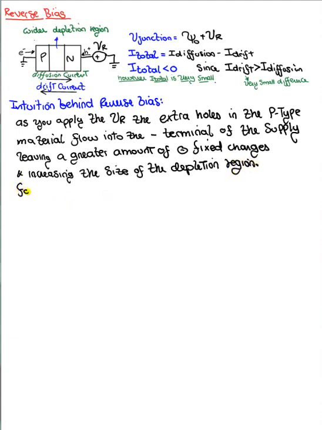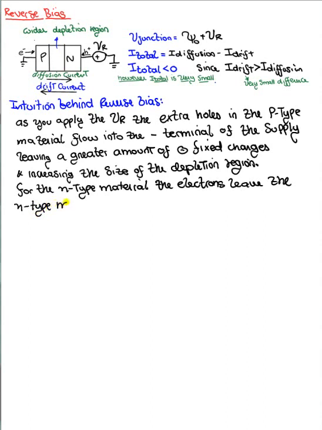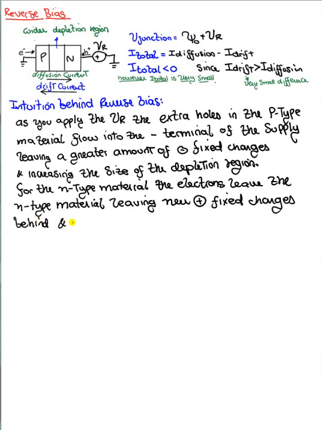Now let's talk about the N-type material. The electrons leave the N-type material, leaving new positive fixed charges behind, and widening the depletion region.